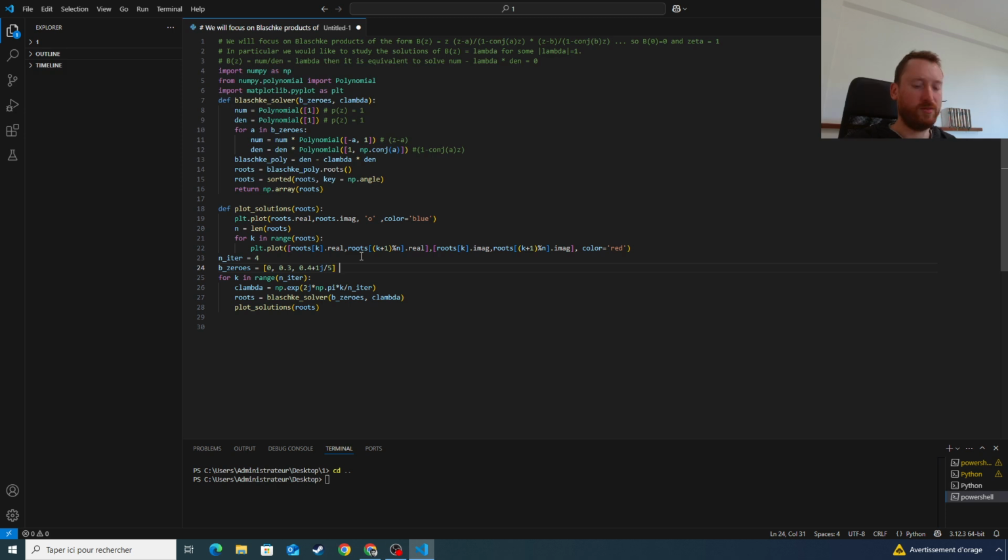We will also plot the unit circle to see that all the solutions are indeed on it.